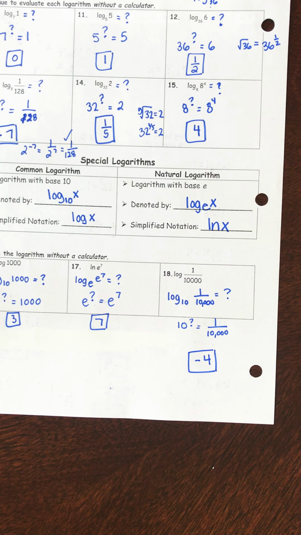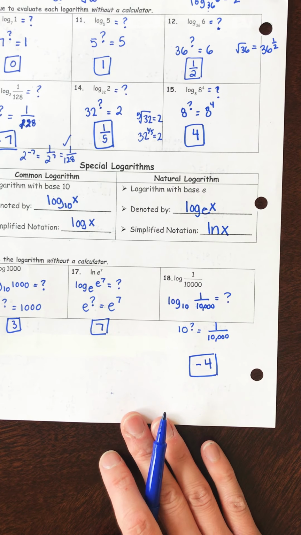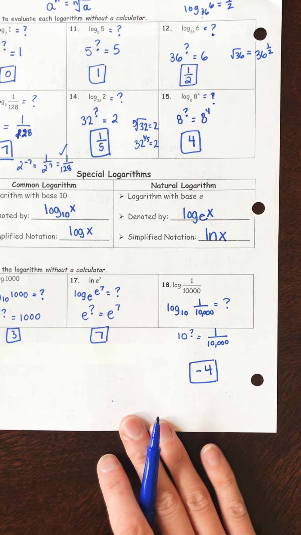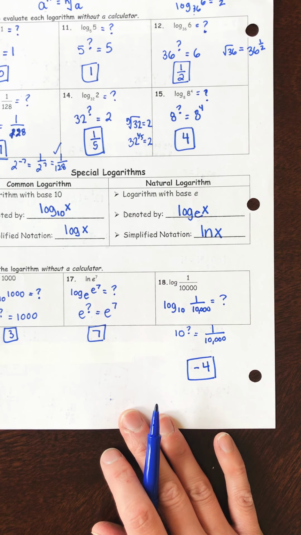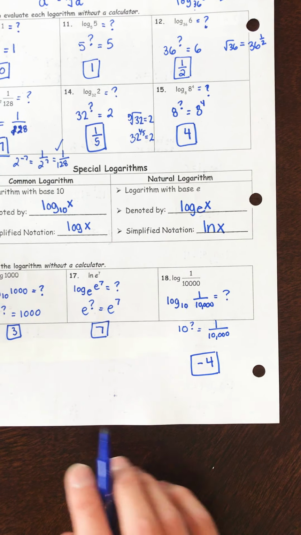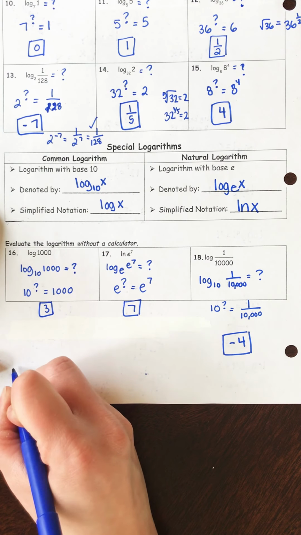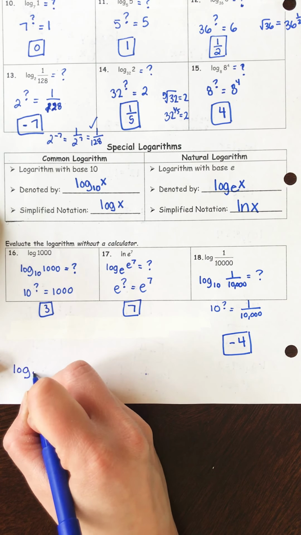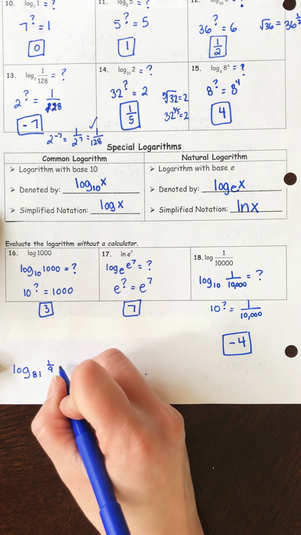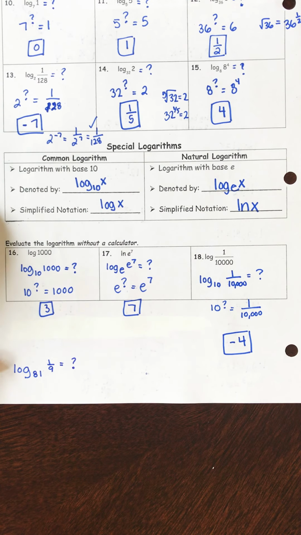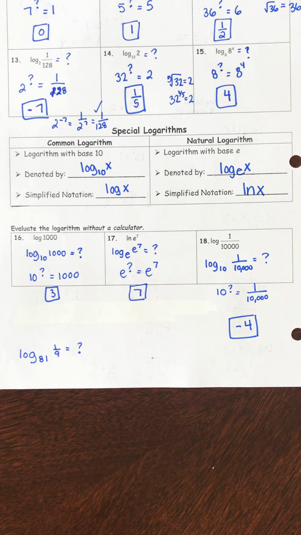So just be careful with your exponents, fractional and negative exponents. You could have a combination of both, so I'm going to add one extra problem in here. Let's say I did log base 81 of 1 over 9, and I wanted to know what that was. This is just showing you we can have a combination of everything.